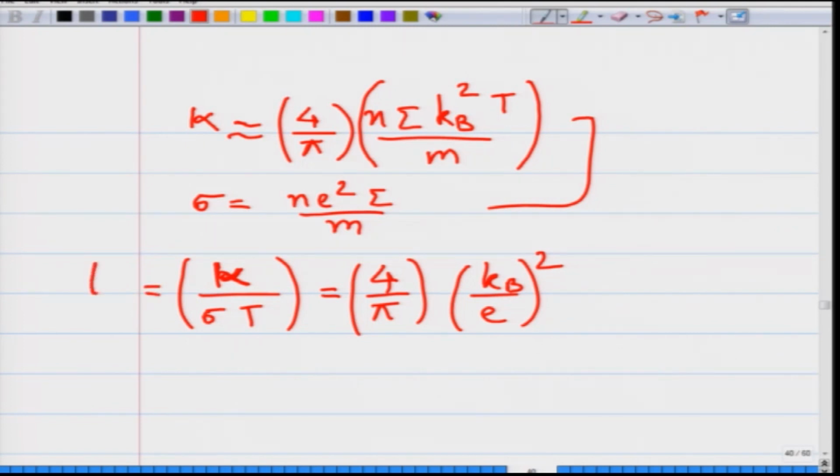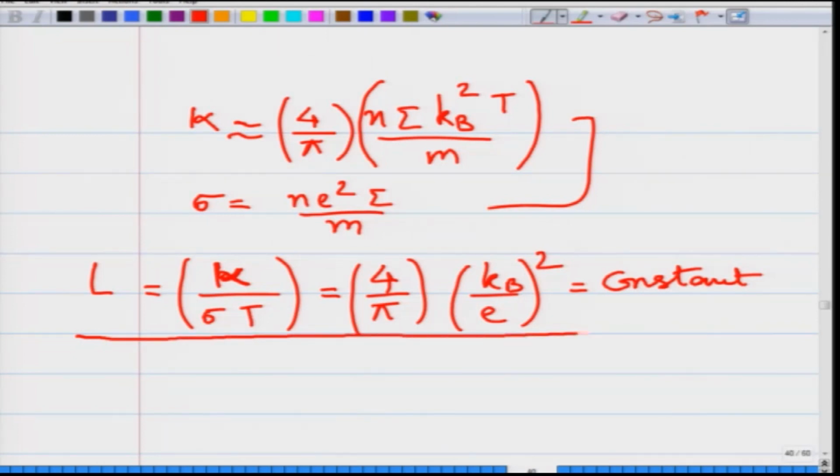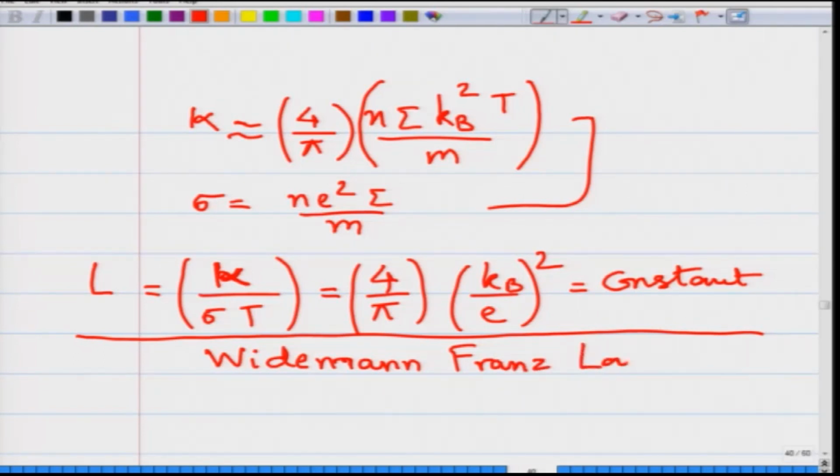So, this is a constant which is denoted by L, and what this states is that the ratio of thermal conductivity to the electrical conductivity divided by the temperature is a constant, and this goes by a very important law, namely the Wiedemann-Franz law, which states that the thermal conductivity and the electrical conductivity are related to each other.